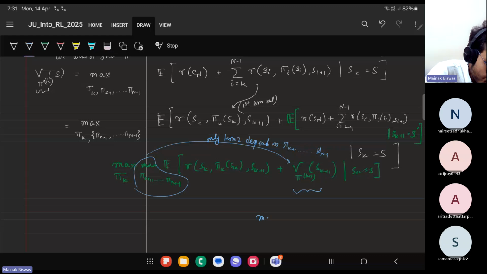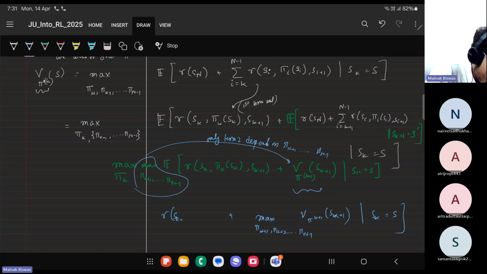So I can just write max over pi k plus 1, pi k plus 2, up to pi n minus 1, of V pi k plus 1, where k plus 1 is k equal to s plus reward of s k, pi k, expected value, and maximize over pi k. Fine.